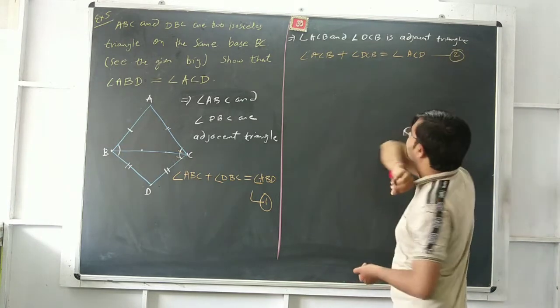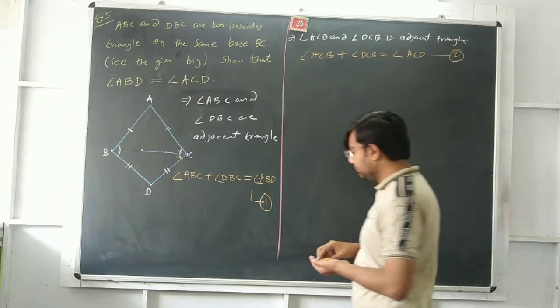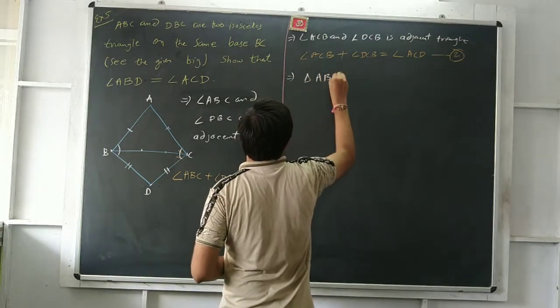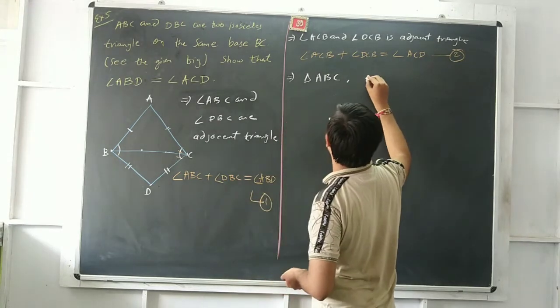This is equation number 2. Now I can also write in triangle ABC, AB is equal to AC.